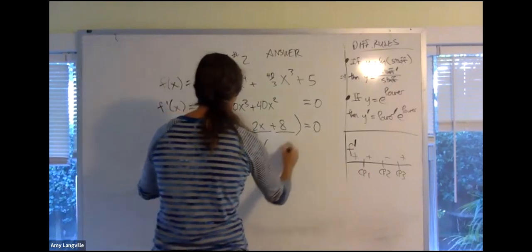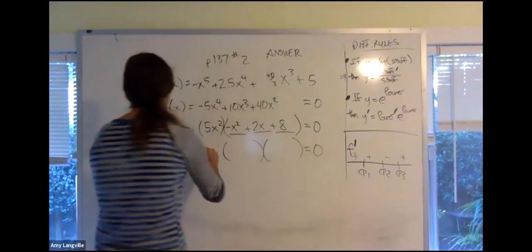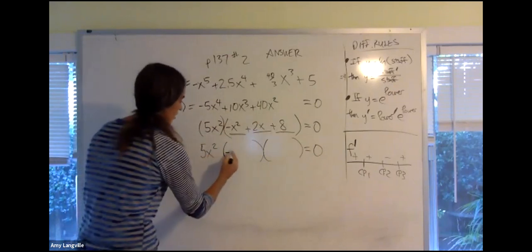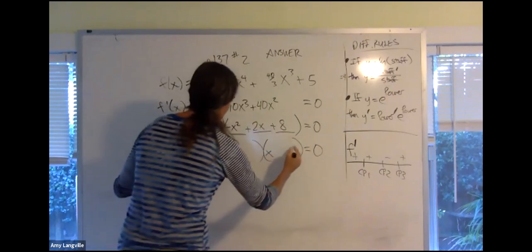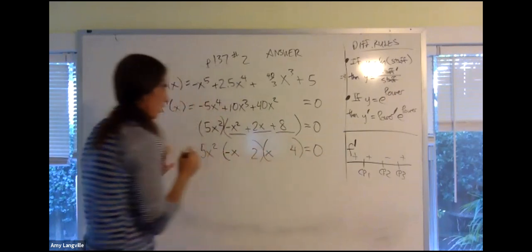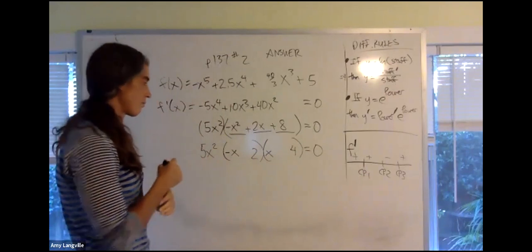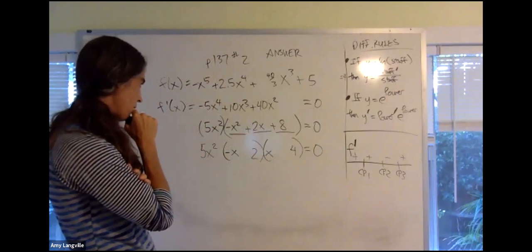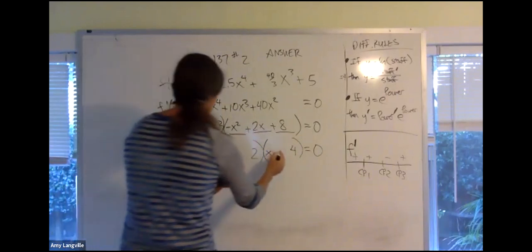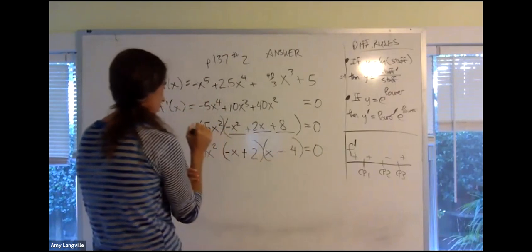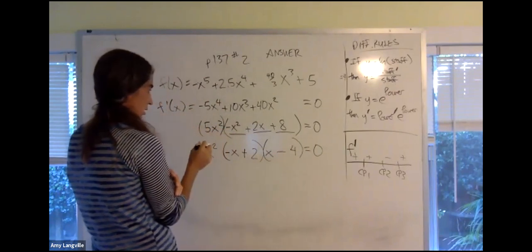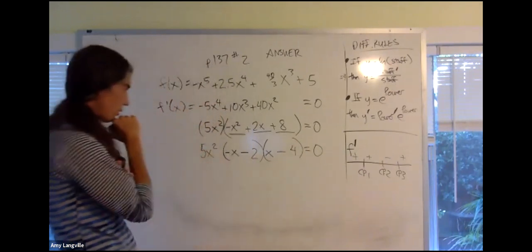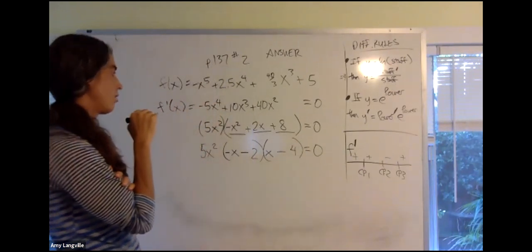So we have 5x squared, and then we need to take this to a minus x and an x, a 4 and a 2, and now we just have to work on our signs to see if we can get this to give us a positive 2. So maybe I need a minus and a minus. All right, let's see if that works. Negative x squared.